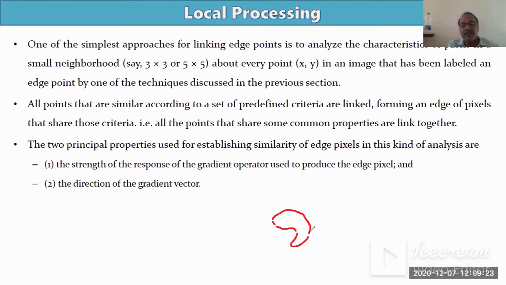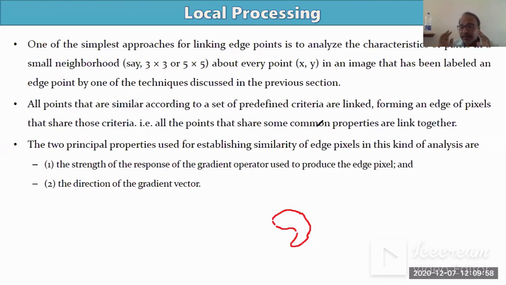Same thing here. Using the local processing technique, we define some criteria to link two pixels, and for that purpose we consider the neighbors. All points which are similar according to some predefined criteria are linked, forming an edge of pixels that share the common criteria. In other words, all the points that share a common property are linked together.